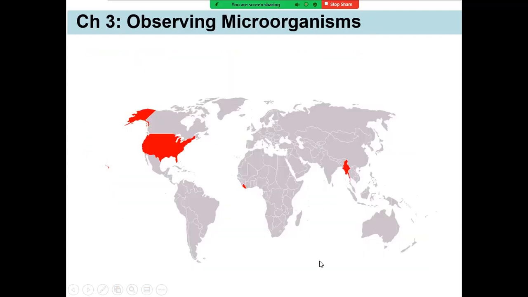Okay, this map is showing you one reason why you need to learn the metric system. The map is colored, all the countries in the world that do not use the metric system. And all the other countries in the world which are not colored use the metric system. If you notice, there's only 3 countries in the world that do not use the metric system.